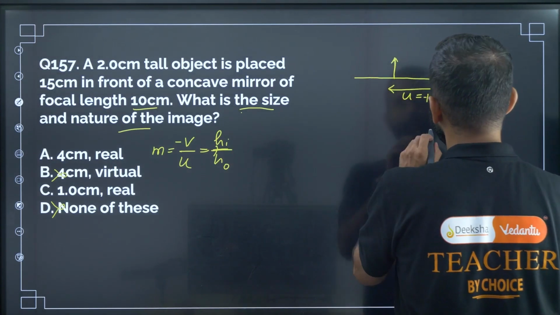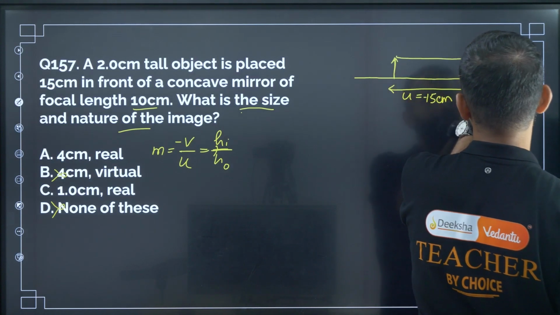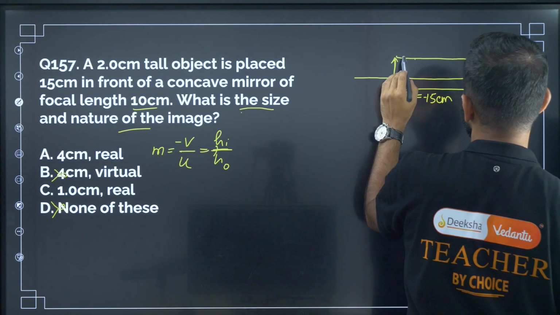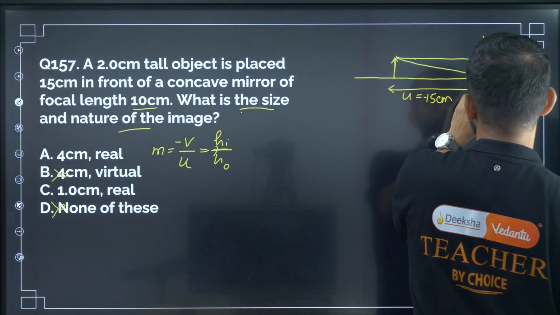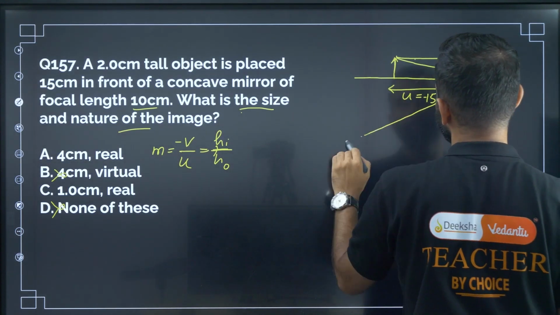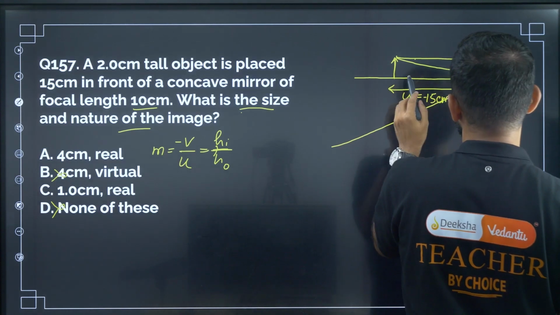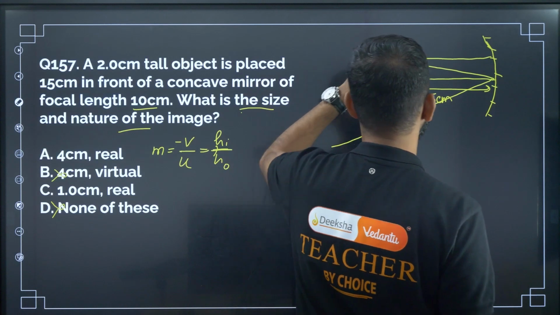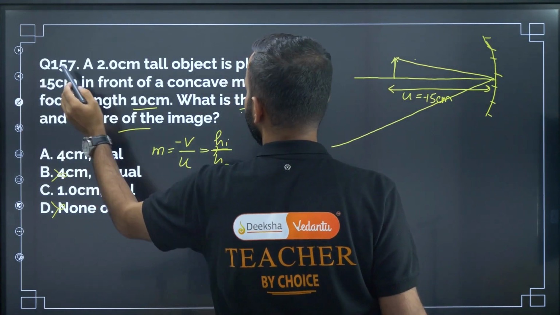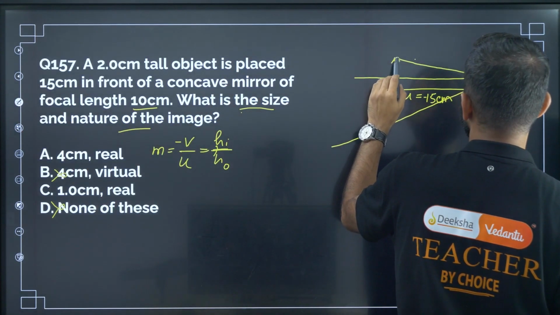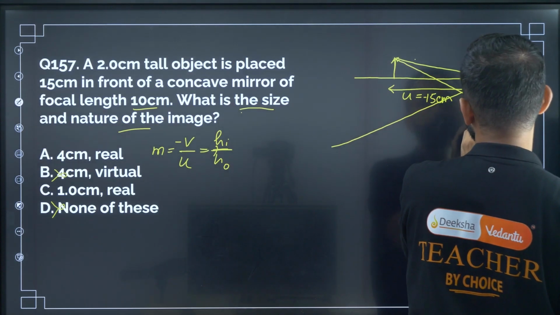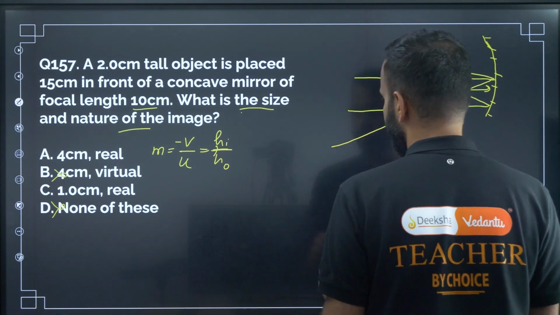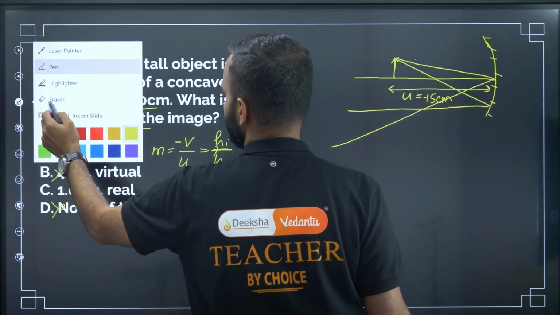Yeah. Now U we know, right? So let us draw a ray diagram. Okay. So the first ray goes like this. Then the second ray, which falls normally, and then the parallel ray, right? It is parallel. Okay, let us redraw the diagram.